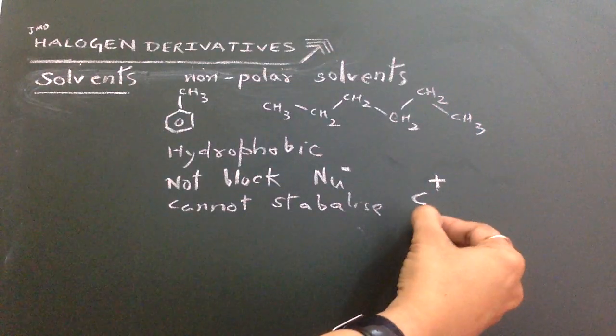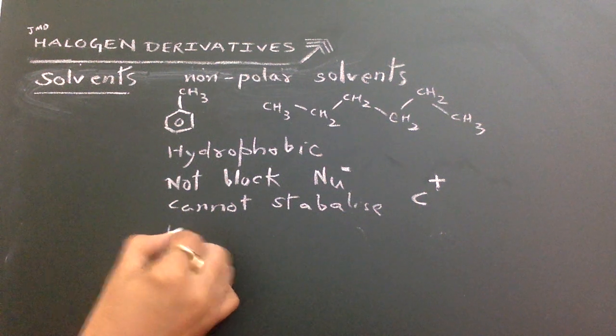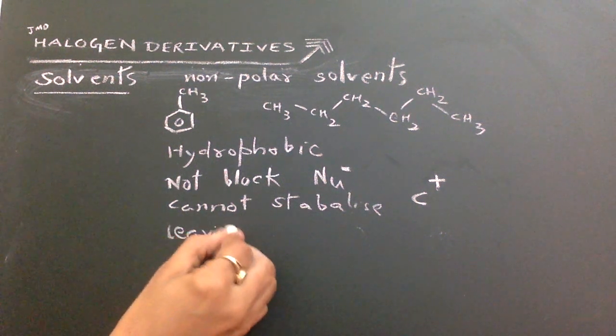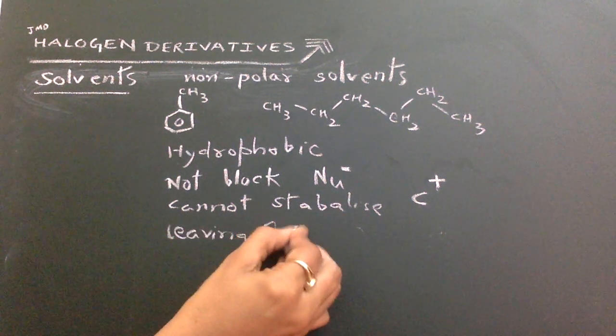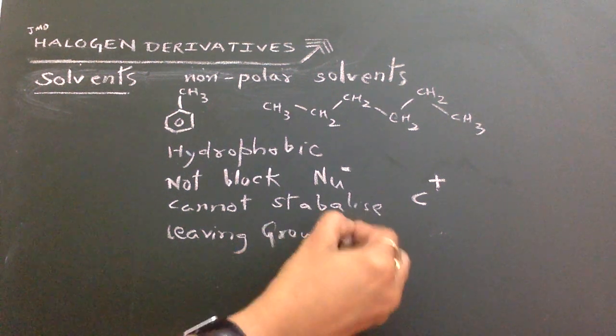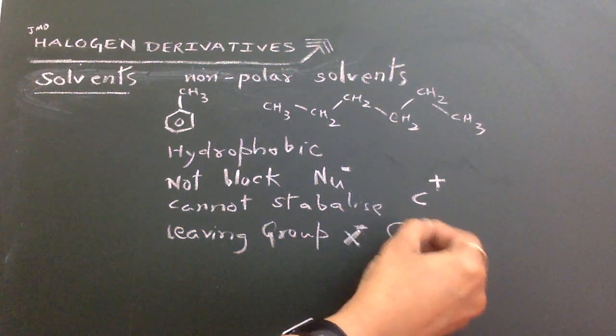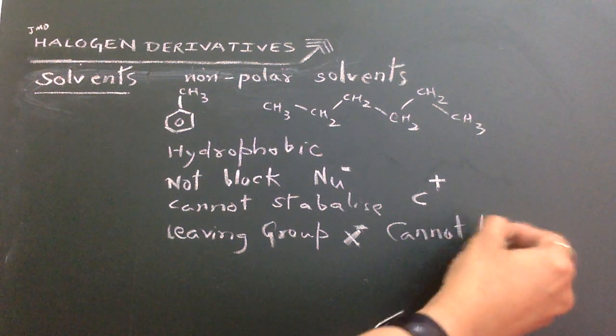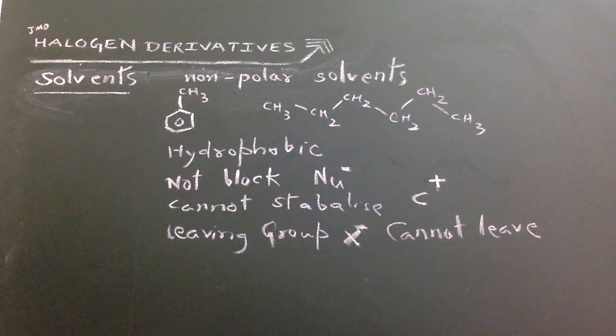so the leaving group X negative cannot leave. तो जब लीविंग ग्रुप निकलेगा ही नहीं तो नया ग्रुप आएगा कैसे?